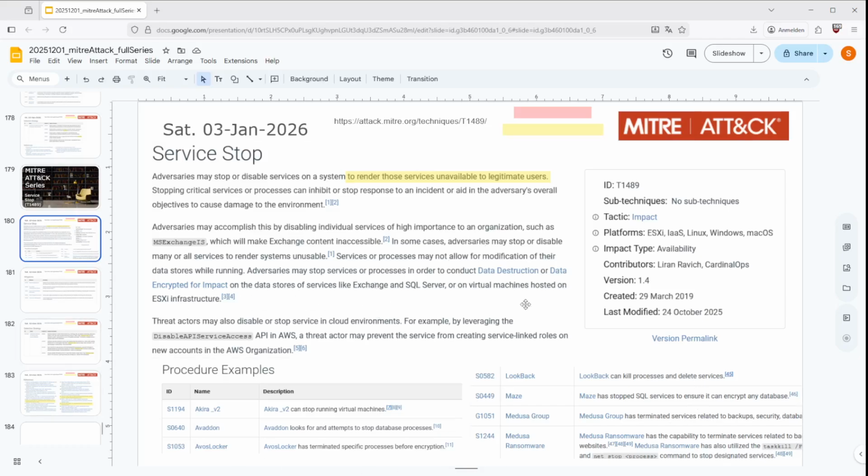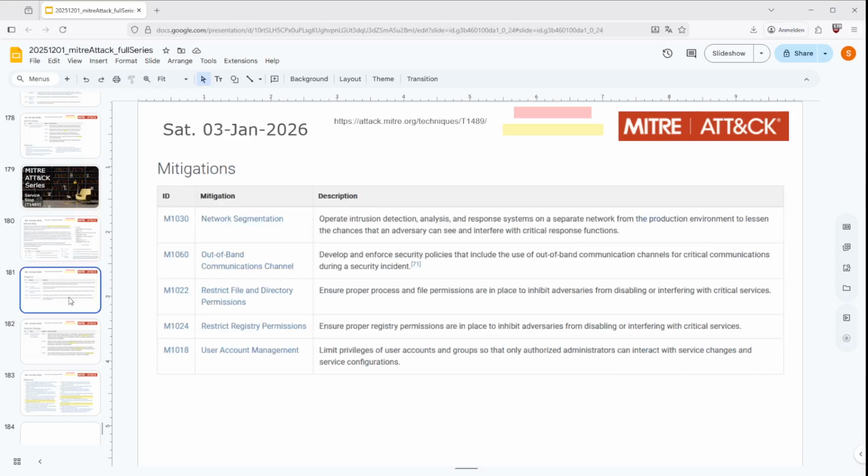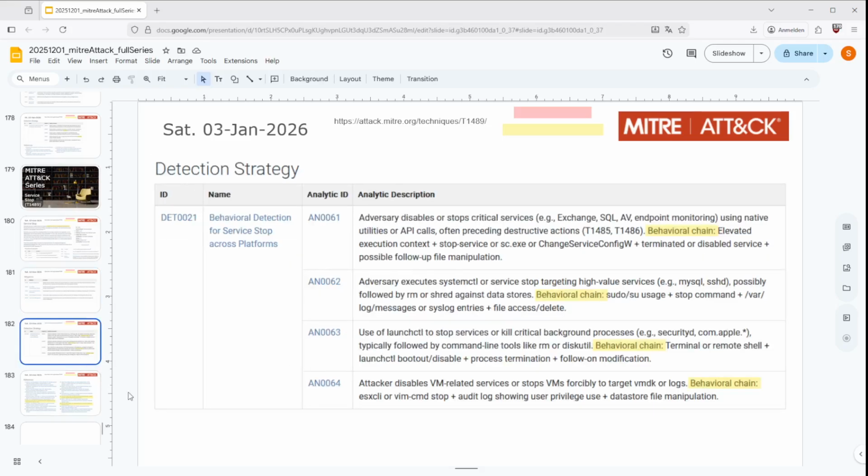We have some procedure examples. They are connected a lot to ransomware, as it looks like. Mitigation, we also understand. These are the classics: segment your networks, user account management, and many more. The detection strategy just comes down to detecting one behavior chain, and that's what they did here at MITRE. You can follow that as a detection engineer instead of being creative yourself, right?